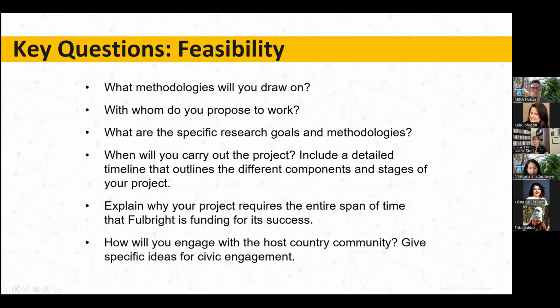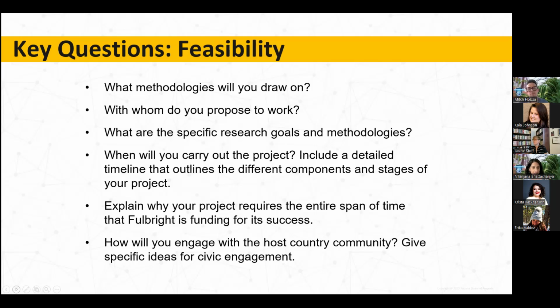Feasibility, as we talked about before: we want to know that you are actually capable of carrying out what you have proposed to carry out. So demonstrating that you're familiar with research methods and methodologies in your discipline is important. You're speaking to people who don't know your discipline, but you're also potentially speaking to people who do know your discipline and are going to want to know that you know what you're doing.